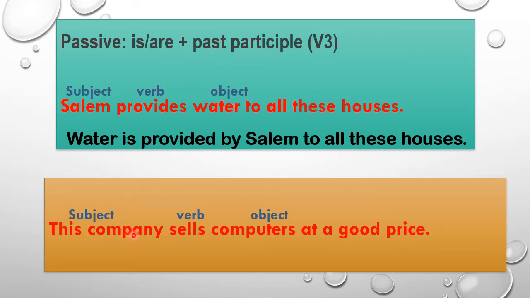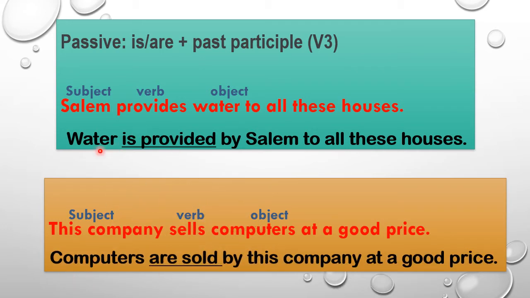Then you do the changes which we talked about. Now, look here, and don't forget the W becomes capital, and the same thing here, computers, C becomes capital. Computers are, because computers is plural. Here is, because this is singular. Computers are, because it's plural.